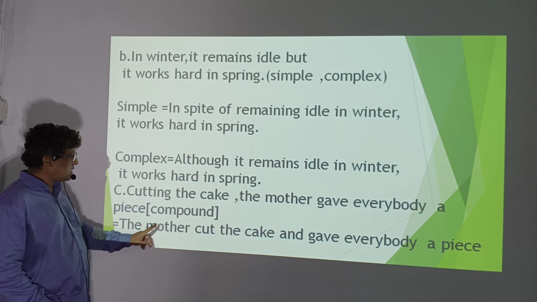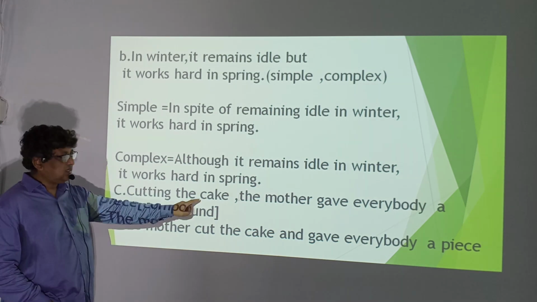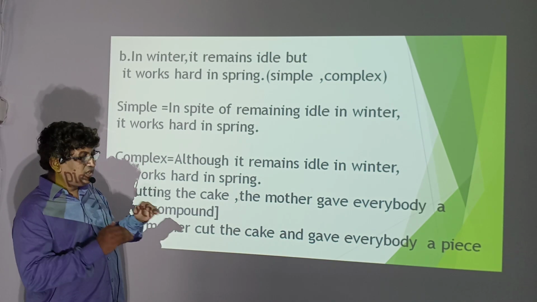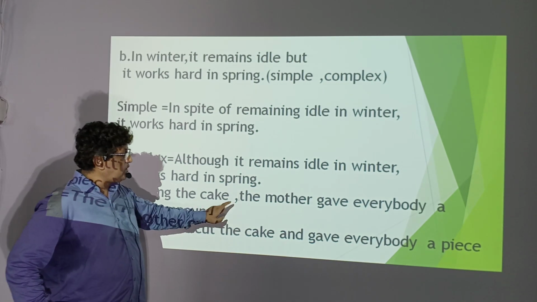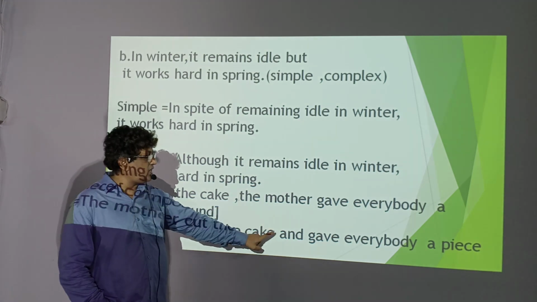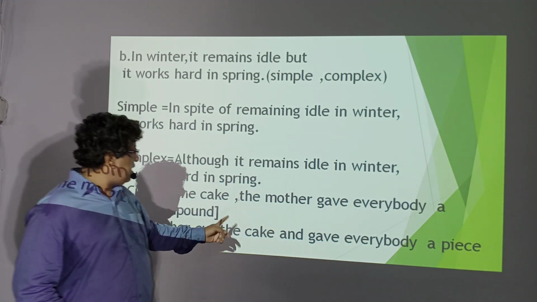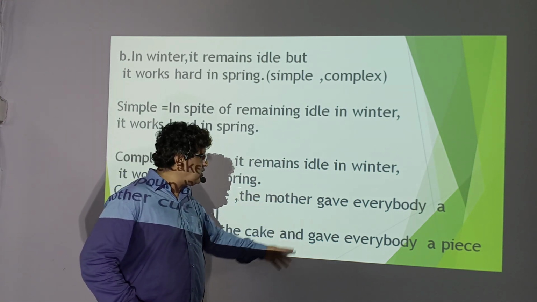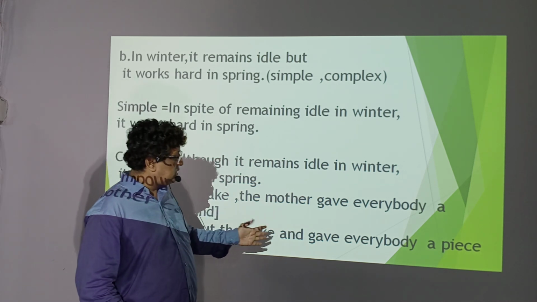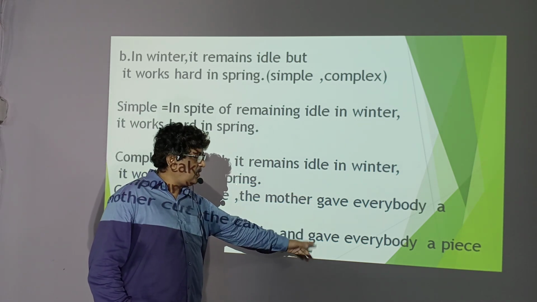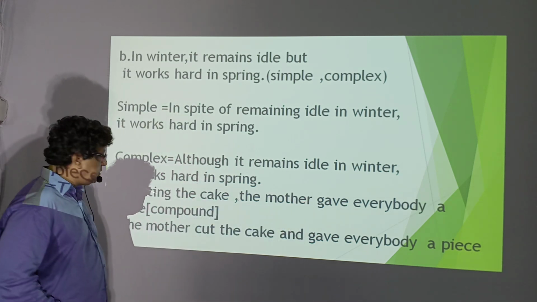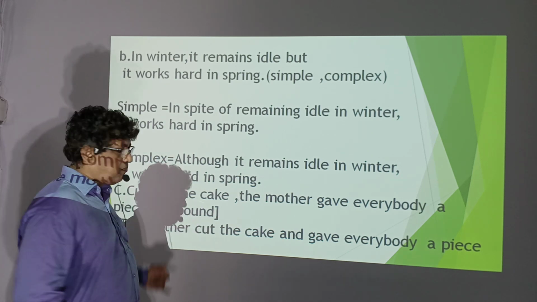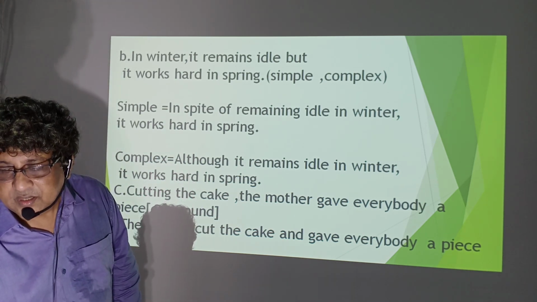So, the mother cut the cake, and as there is symmetry in the action, instead of a comma, we will use and. Then, as the subject is the same, we will not use the mother again. We will just use the main verb, gave everybody a piece. So this is the simple, complex and compound sentence pattern.